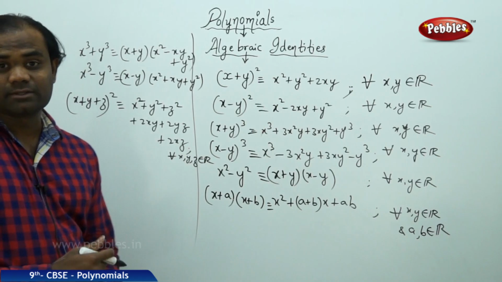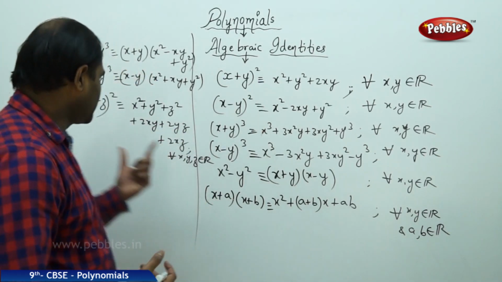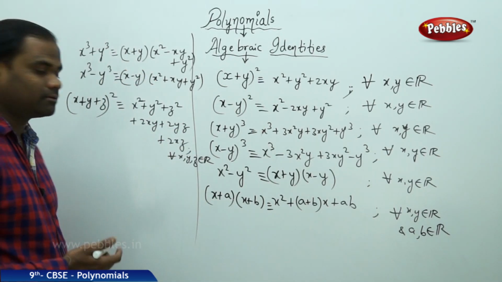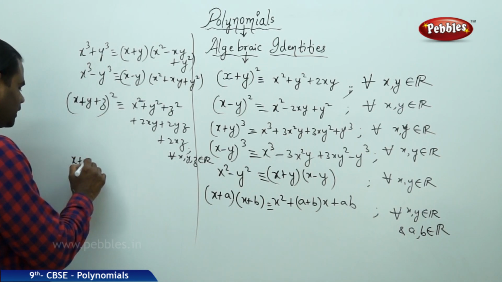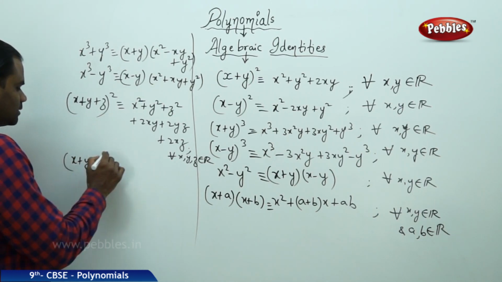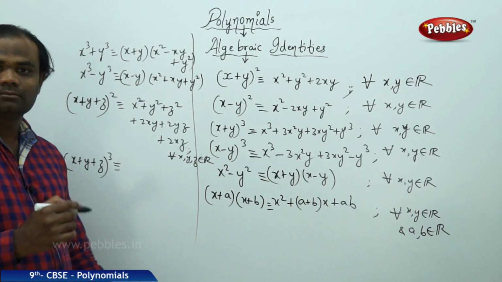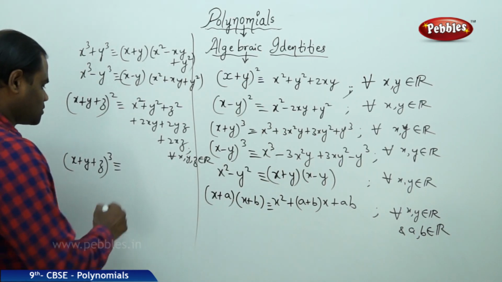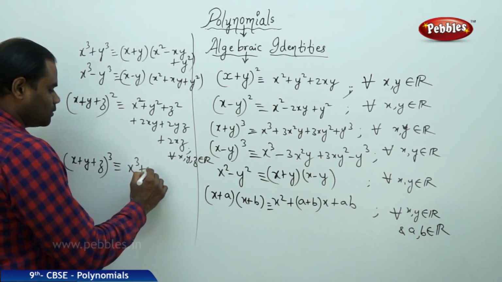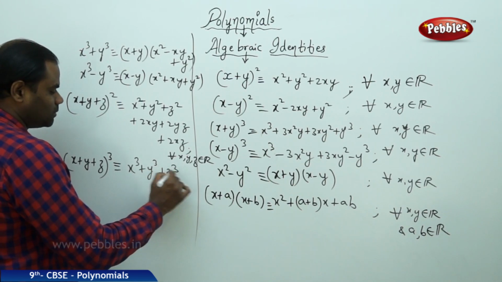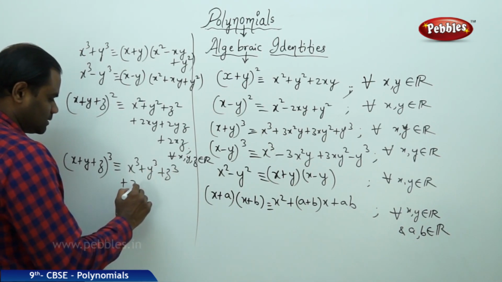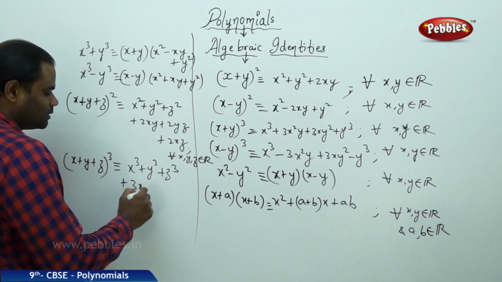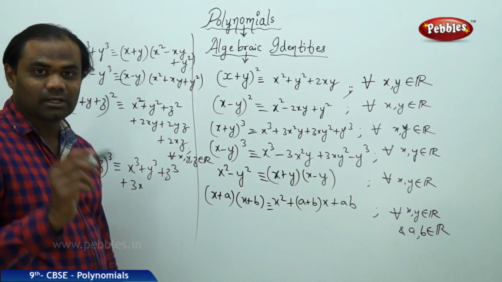What if I have x plus y plus z whole cube? This also has its own property: a cube plus b cube plus c cube plus 3ab into a plus b plus c.